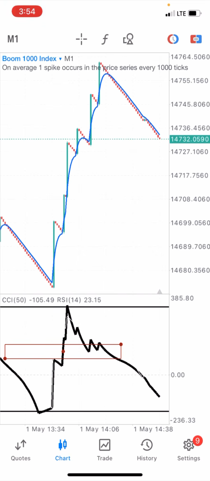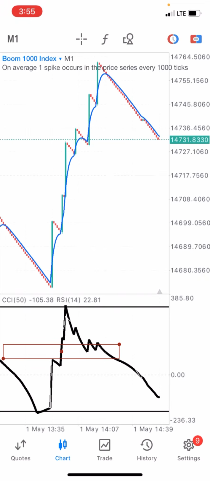Now for the bull market, for you to be able to catch spikes, you want to be buying. And when do you want to buy? You want to buy only when the market is going to the upside. This indicator is just going to show you when you should actually make an entry. That means you should be able to tell when the market is going to the upside, and then the indicators would help you with good entries.